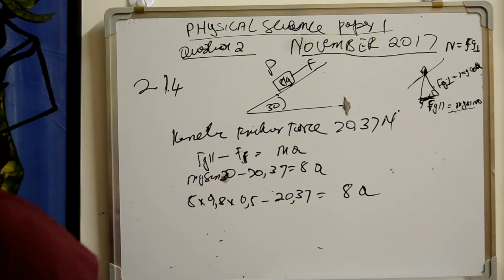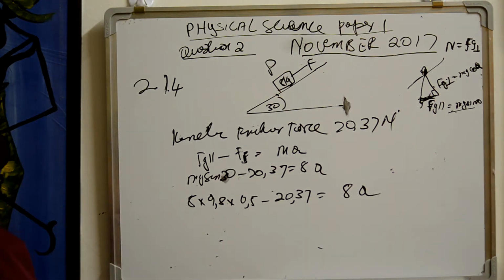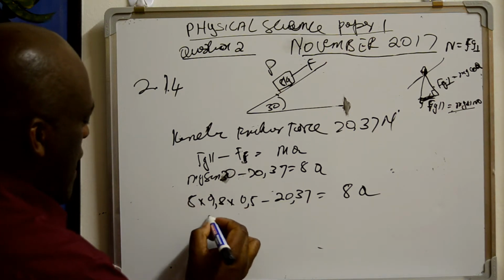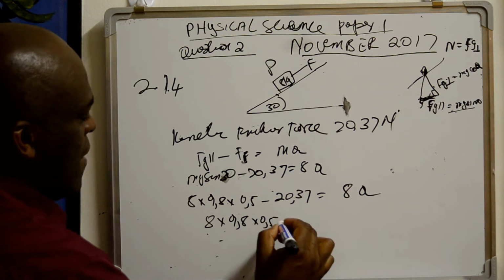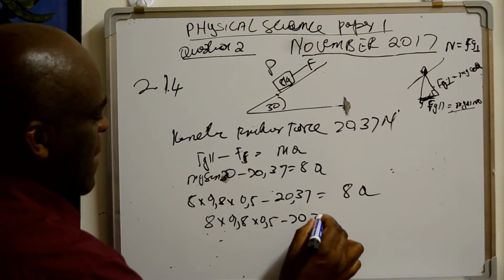Let me get this value. When you press your calculator, you multiply 8 times 9,8 times 0,5 minus 20,37.